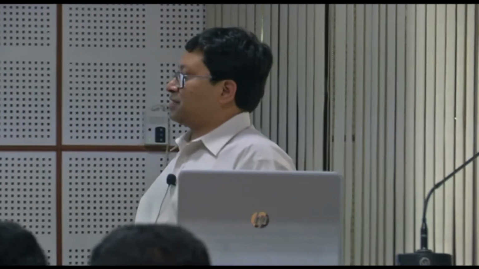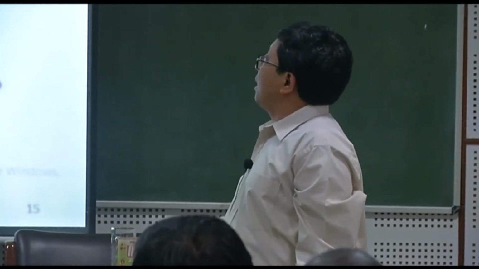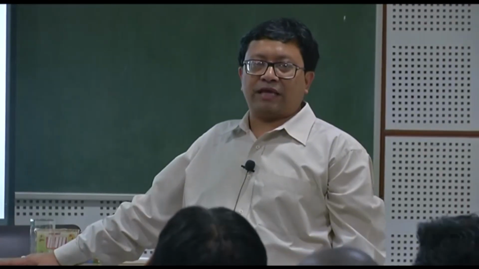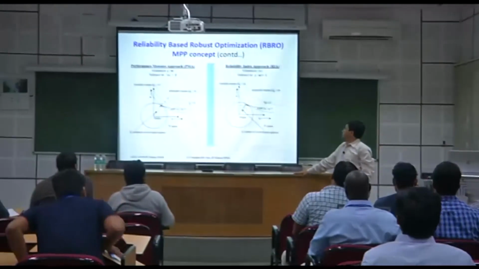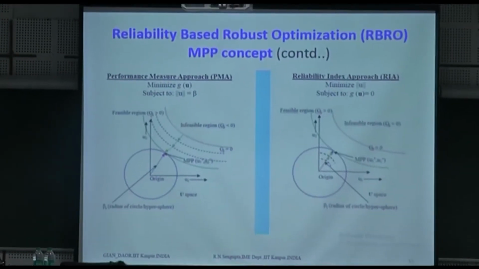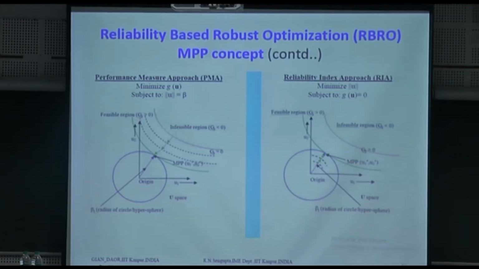Okay, as we were discussing, generally you have two ways of trying to find out the MPP point. MPP point is basically the most probable point where the reliability failure occurs, and that is the optimum value based on the beta value you want to find.